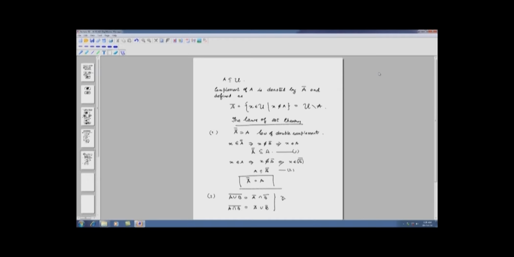This is called De Morgan's law. Now, De Morgan's law needs a proof. So, let us start with the proof of De Morgan's law.